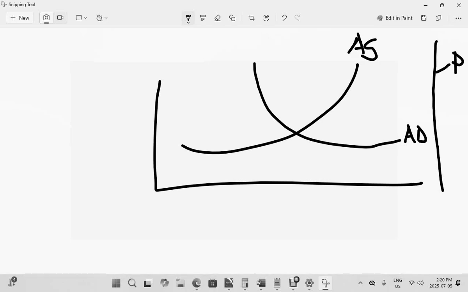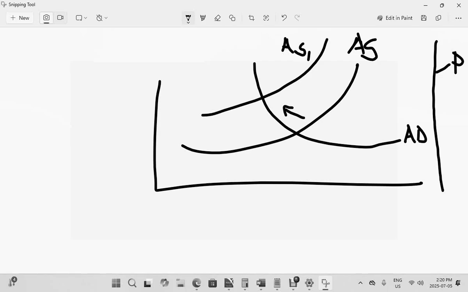So what's going to end up happening is, as inflation kicks in, the cost of materials, minerals, such as gasoline, crude oil, and so on and so forth, may go up, as a result of which your aggregate supply curve will shift to the left. So this becomes your AS1 over here.